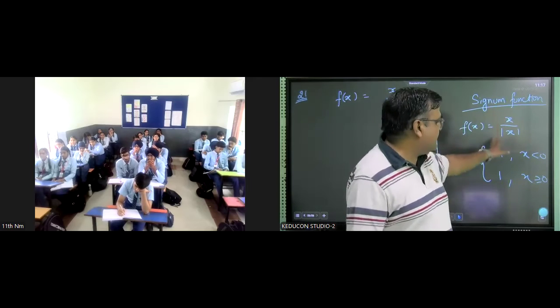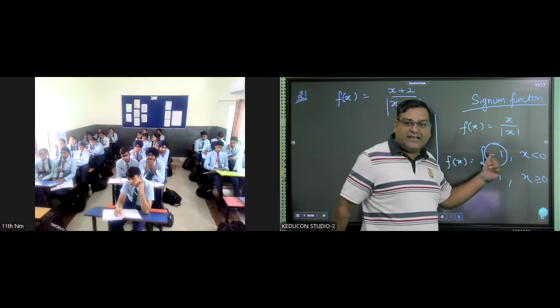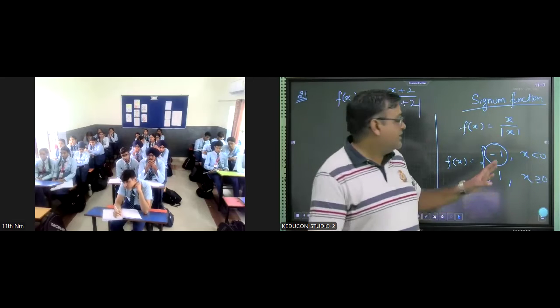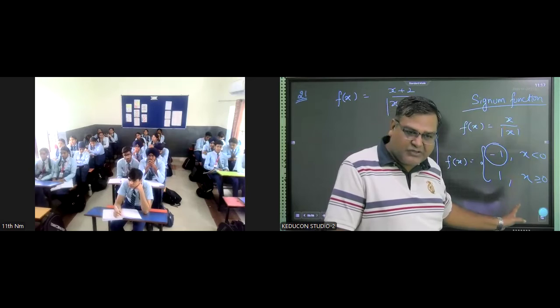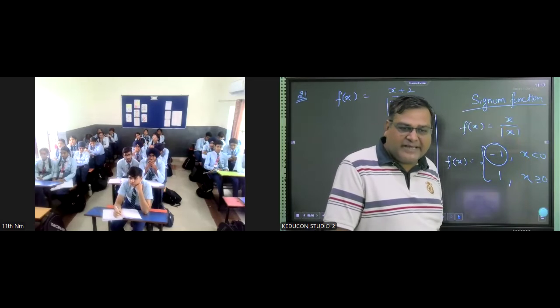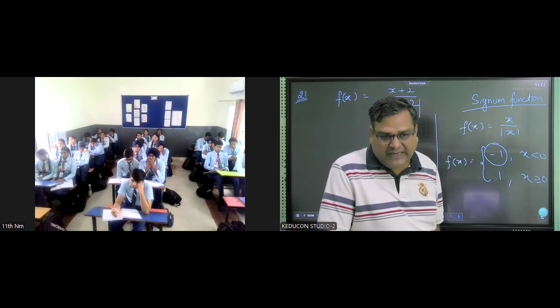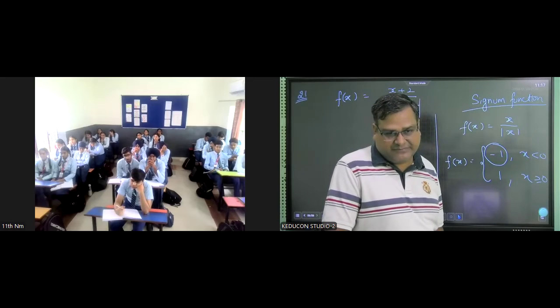So what will be the answer? Minus 1. When the value of x is positive, in the numerator it will be positive, denominator also positive, same value, both will cancel out, hence the result will be positive 1, right? If x is greater than or equal to 0, it will always be positive 1.